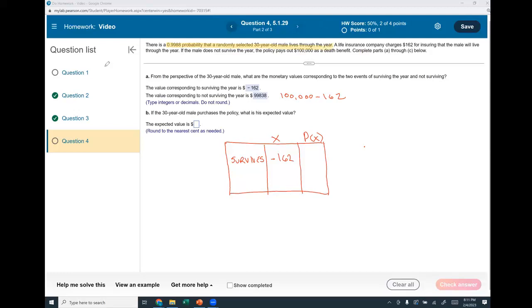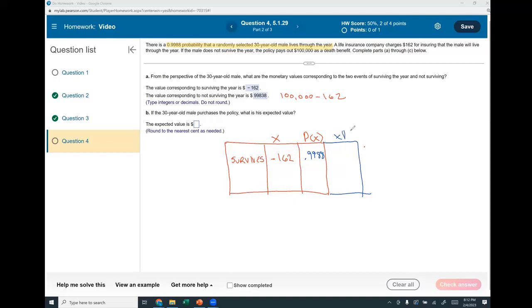Okay, so that's the probability that he's going to live through the year. So we have times 0.9988. And then I need another column here, don't I?